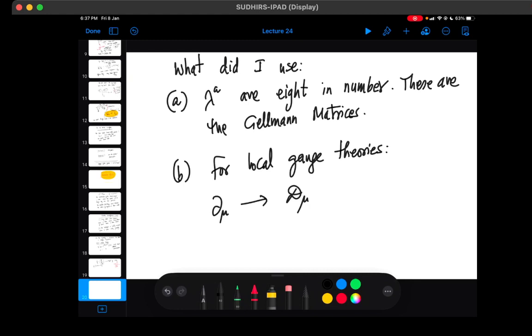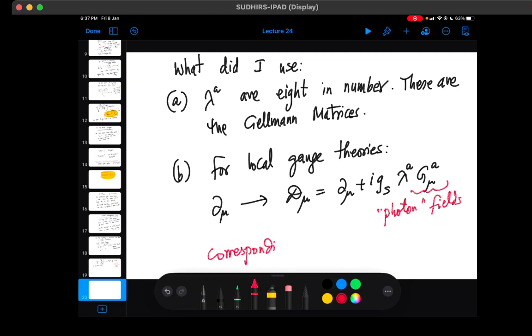So you write it as generators times some fields G_μ^A, the photon-like fields corresponding to each generator. The number of generators should equal the number of fields.